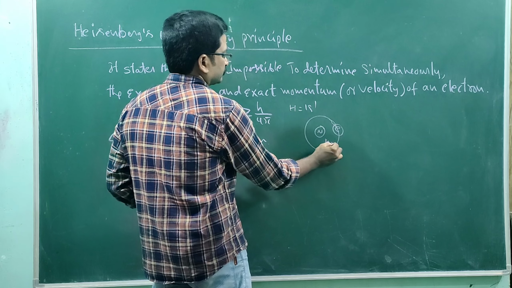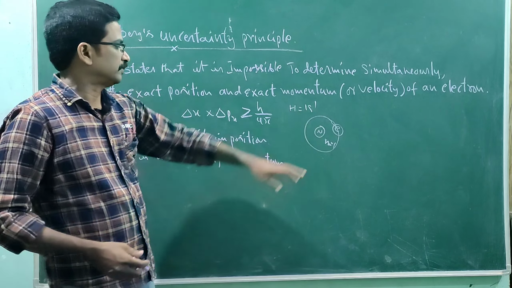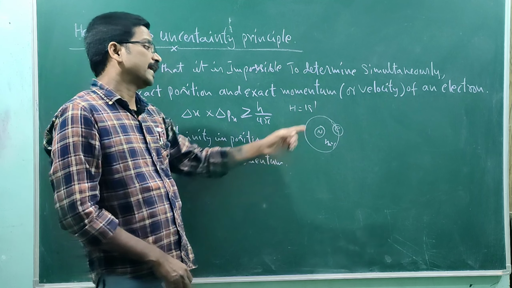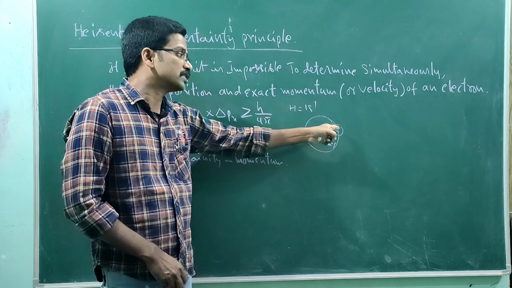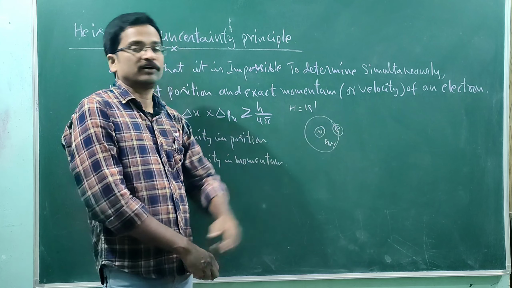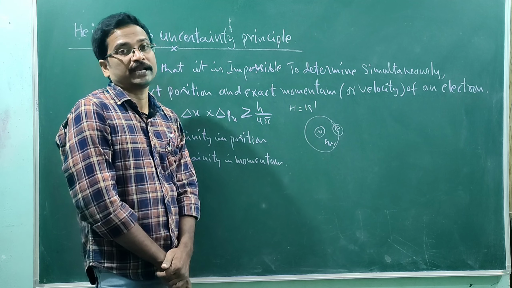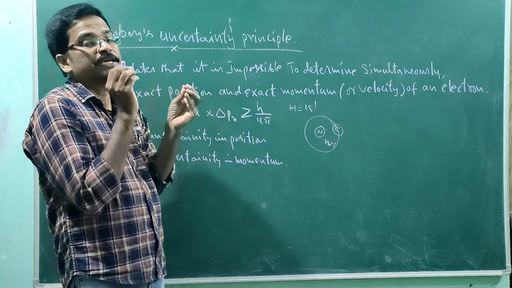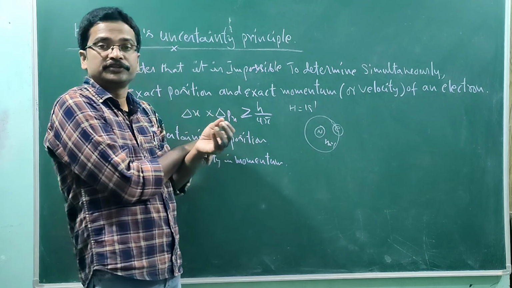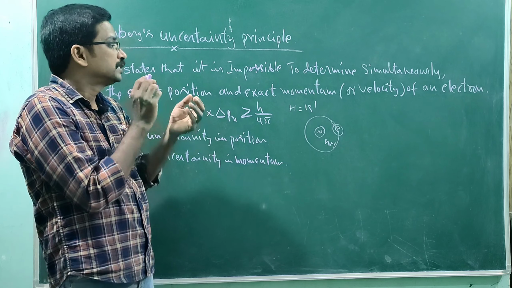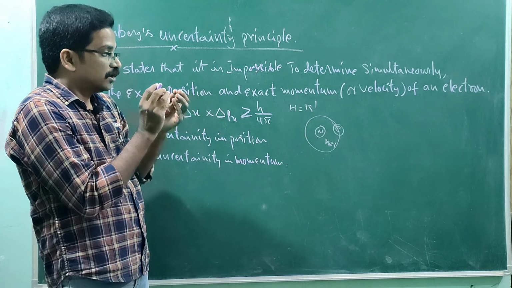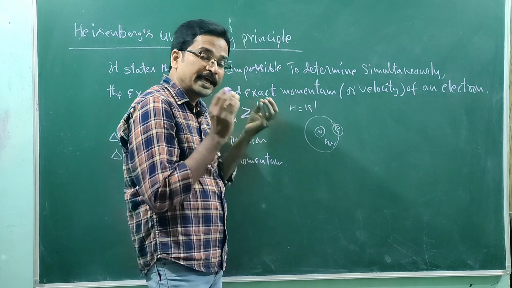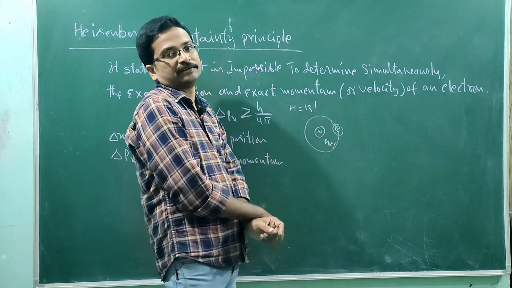If you want to see the position of an electron in an atom, you should use light of shorter wavelength than the dimensions of the electron.